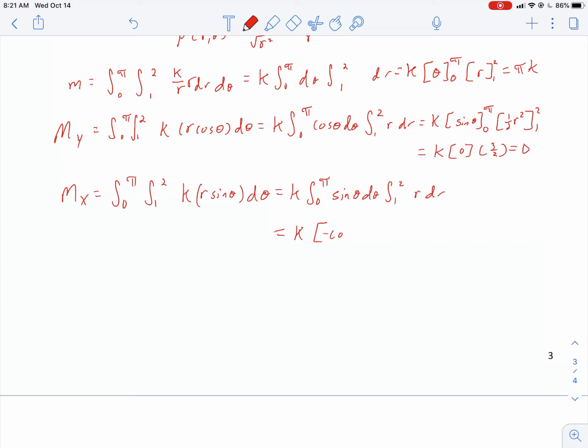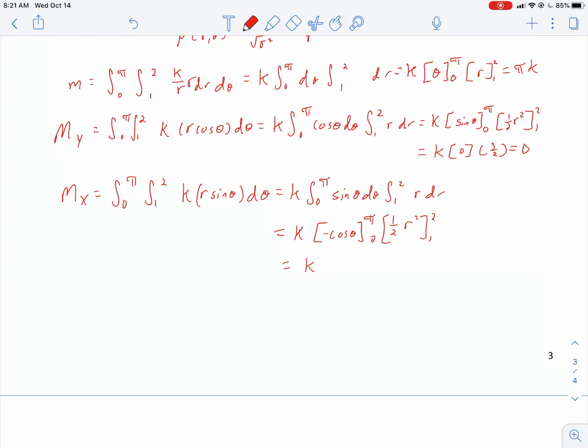A lot of the integration is going to be the same, except that the integral of sine theta is negative cosine theta from pi to 0, and then 1/2 r squared from 1 to 2.